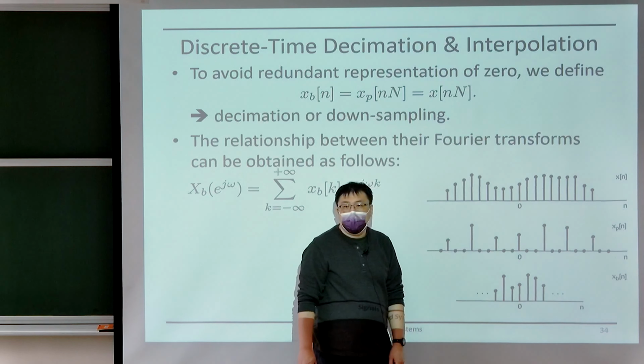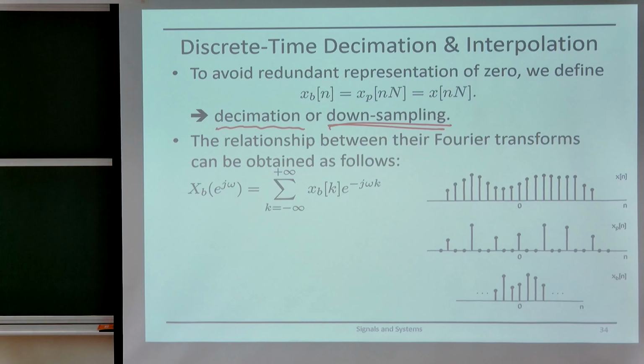Now, it's interesting to see what is the relationship between the spectrum of the downsampled signal and the spectrum of the original sampled signal, or the spectrum of this xp, before removing the zeros.